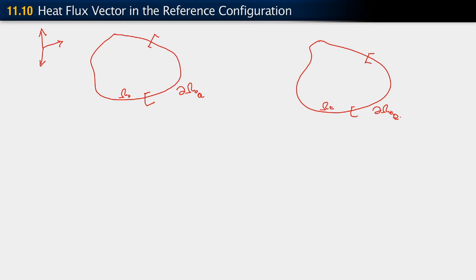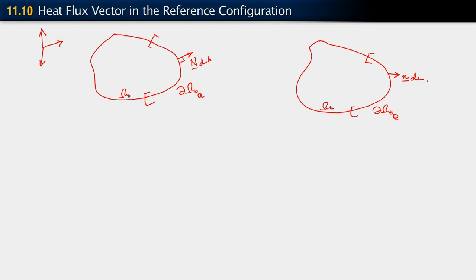Fine. So what we want to say is the following. Supposing this is the normal, or suppose that is our area vector here, capital N dA, and that vector gets transformed into little n da, okay, area vectors.